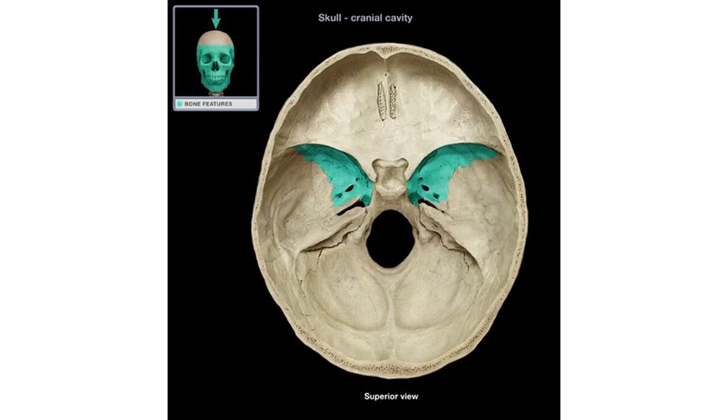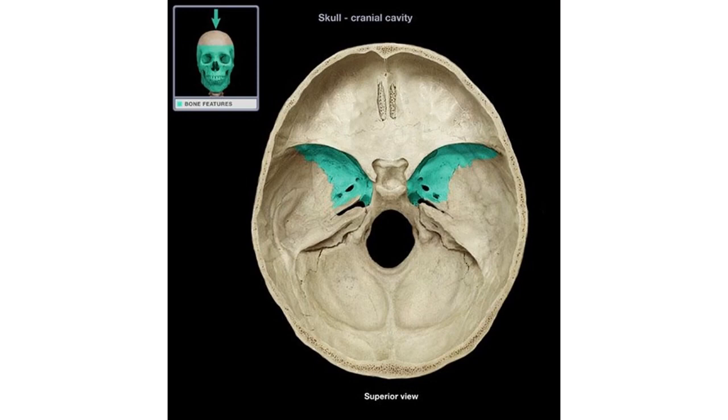Again, the parts of the sphenoid bone, the butterfly looking bone. We have seen the lesser wings of the sphenoid in the anterior cranial fossa. This marked green colored structure is the greater wing of the sphenoid, and we can find 3 holes in it.